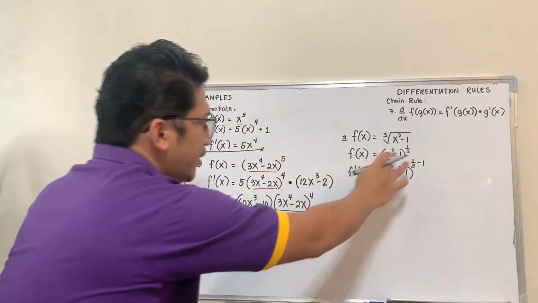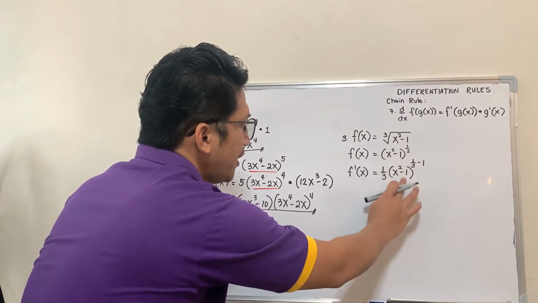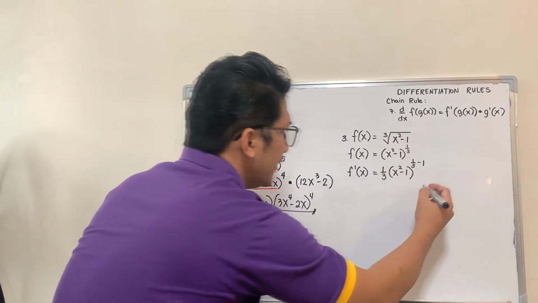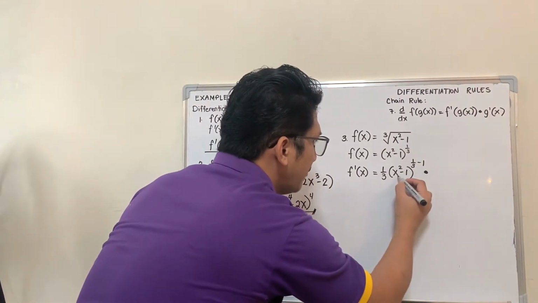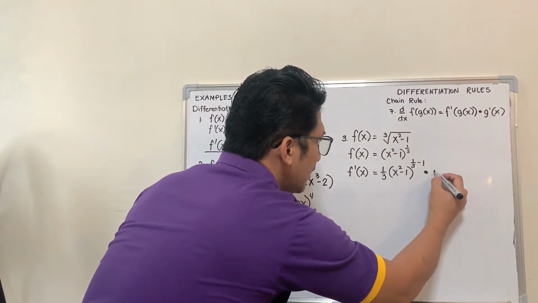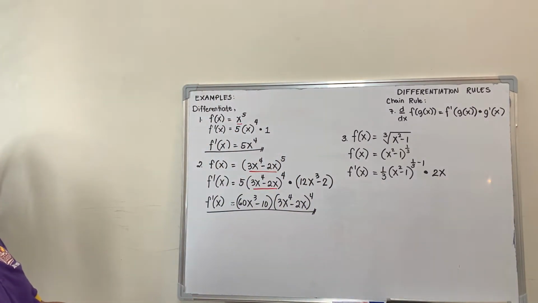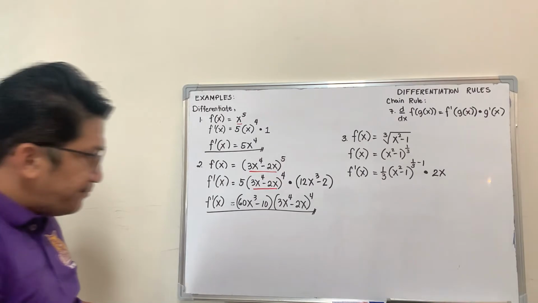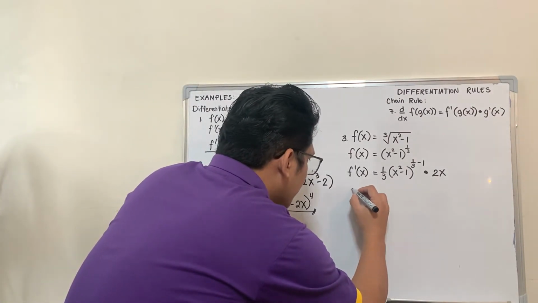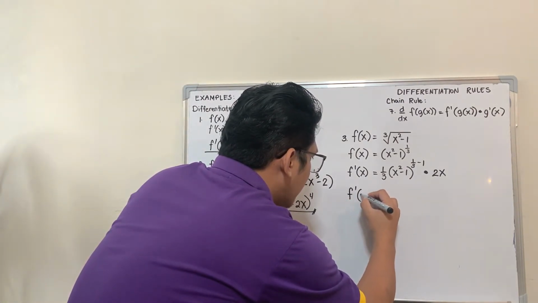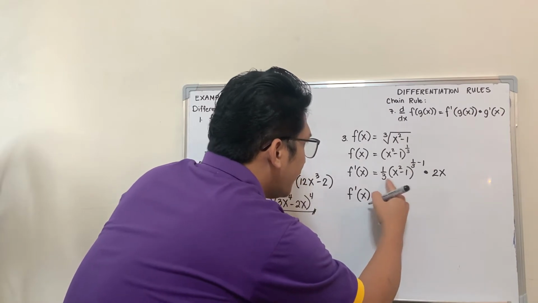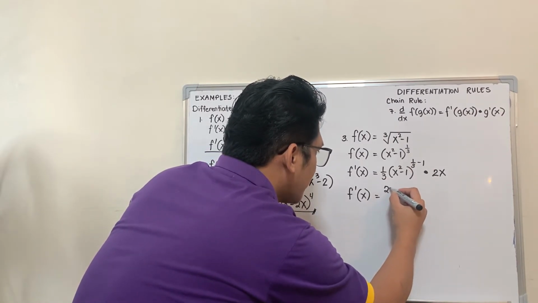So 1/3 is the numerical coefficient, you copy the base, you subtract 1 from the 1/3, times the derivative of the base x squared minus 1, which is actually 2x. Now from here, you can consider 1/3 times 2x, which of course gives 2x over 3.